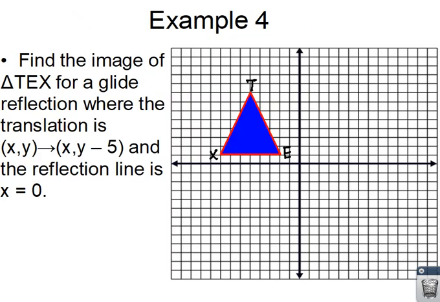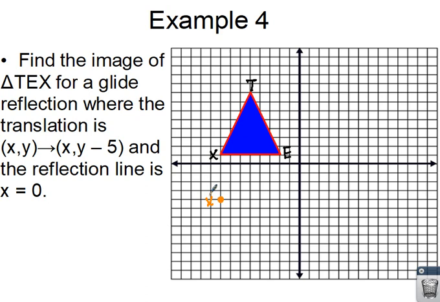Alright, so let's try this. It says find the image of triangle TEX for a glide reflection where we go (x, y minus 5), and then the reflection line is x equals 0, sorry. So if we start with this, x and then y minus 5, that means we shift the whole shape down 5. Okay, so we go 1, 2, 3, 4, 5.